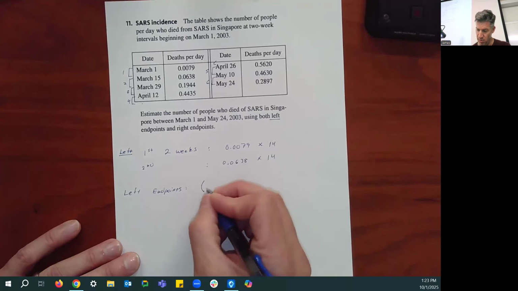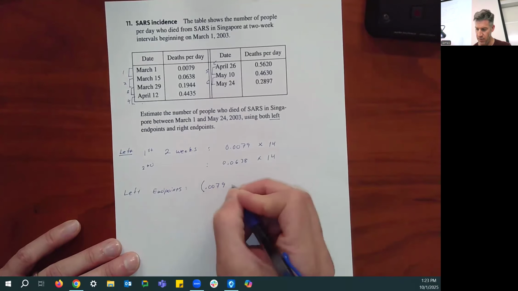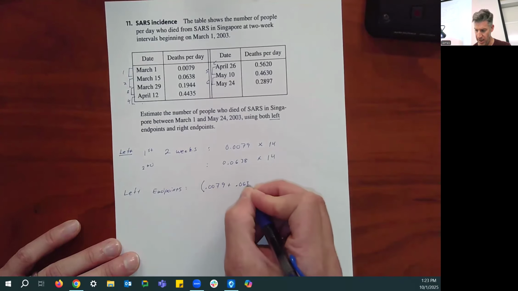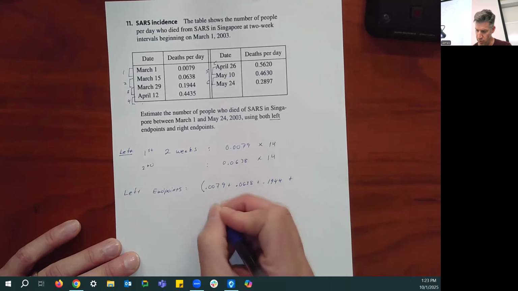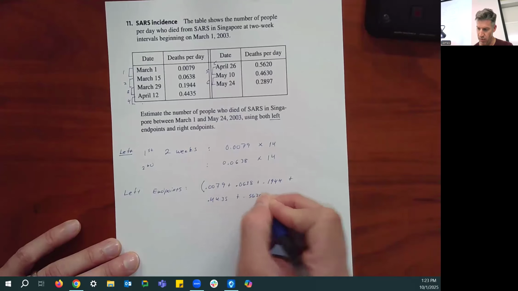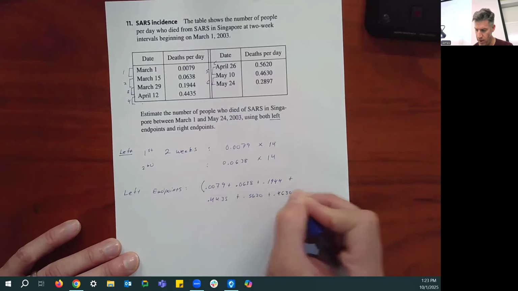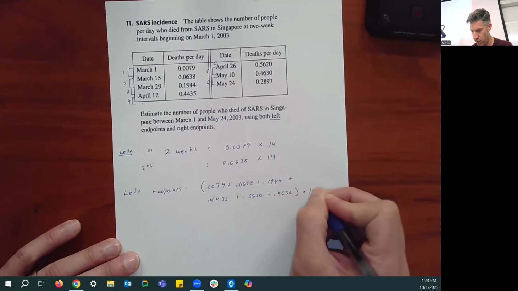So it's going to be 0.0079 plus 0.0638 plus 0.1944 plus 0.4435 plus 0.5620 plus 0.4630, multiplied by 14.